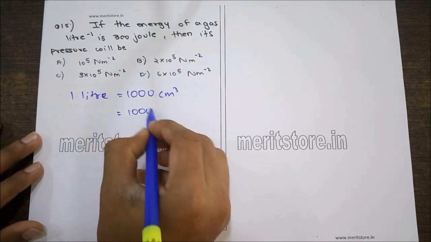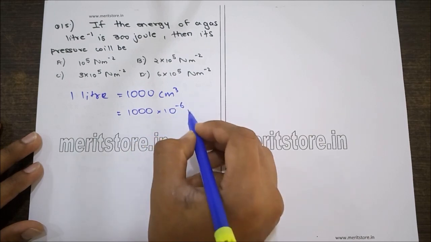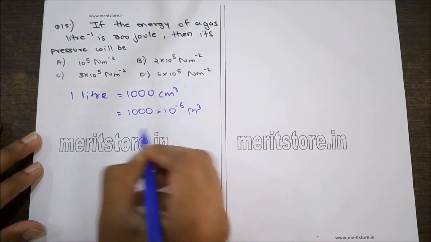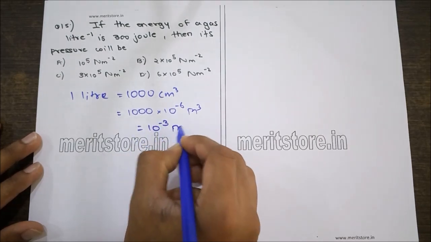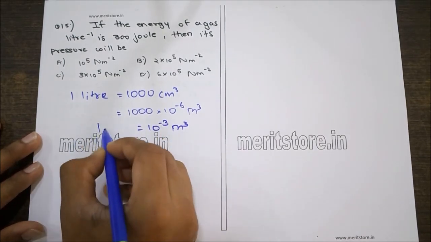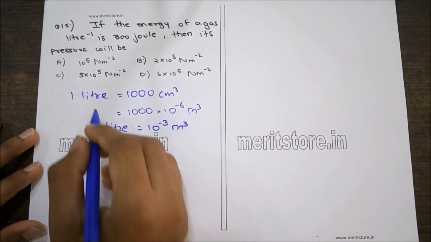So 1000 centimeter cube is 10 raised to minus 6 meter cube each, so this comes as 10 raised to minus 3 meter cube. So 1 liter is nothing but 10 raised to minus 3 meter cube.